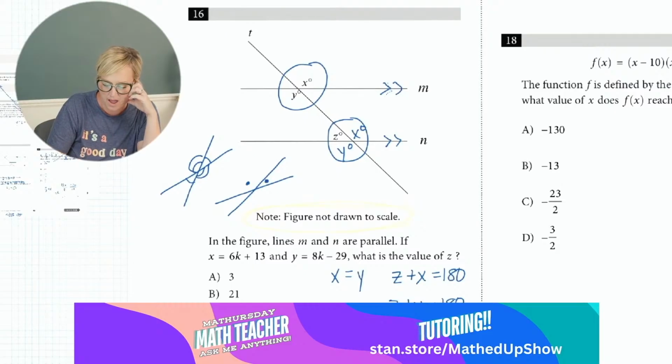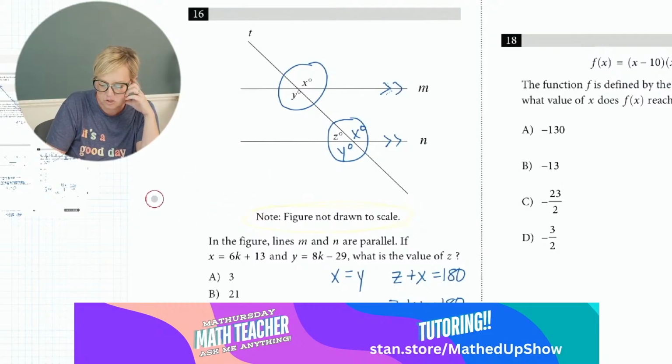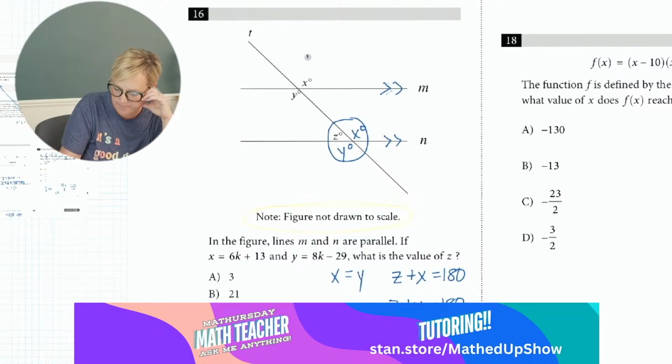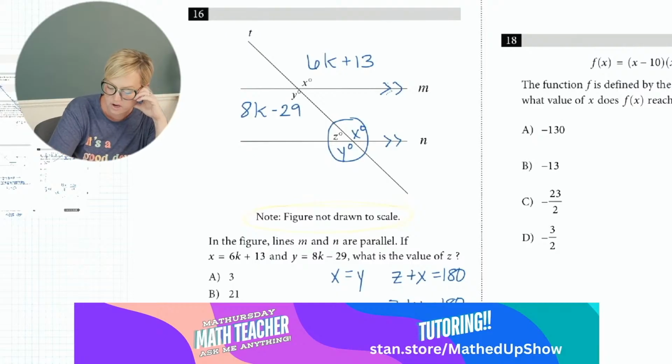So if x is 6k plus 13 and y is 8k minus 29, they're equal to each other.